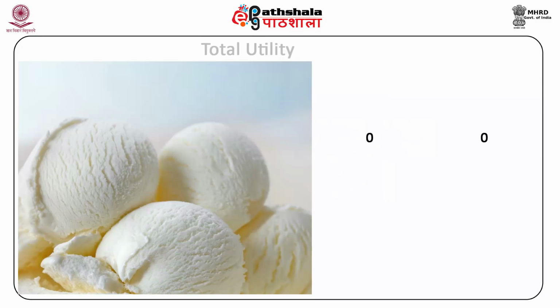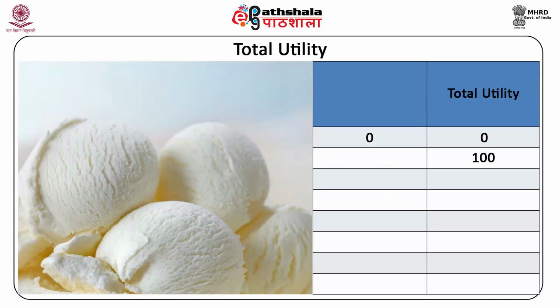This is demonstrated in the following example. 100 units of utility are derived from consuming one ice cream a day. Total utility may increase to 160 if another unit of ice cream is consumed. If a third unit is consumed, then total utility increases to 200 units, and so on.